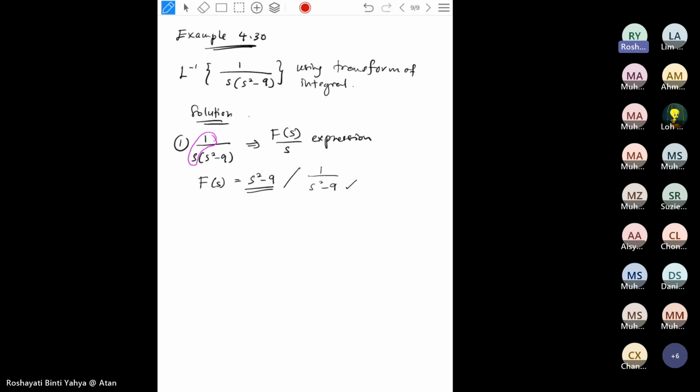Because F(s) multiplies with 1 over s, so that this becomes your function. Because 1 over s multiplied with 1 over s squared minus 9, you can get back your function here.